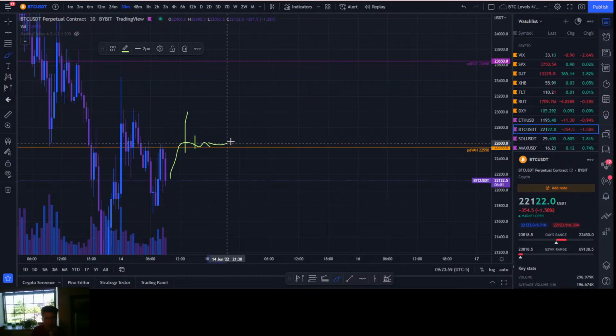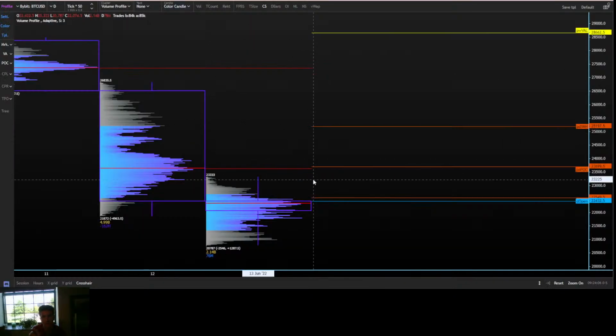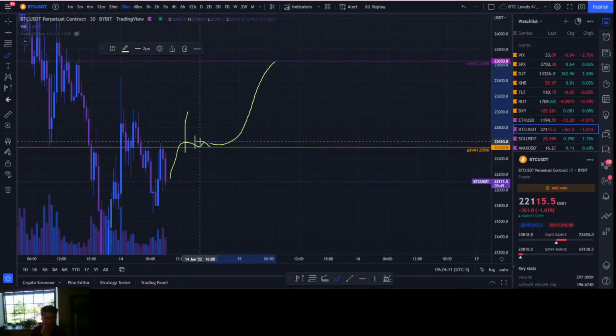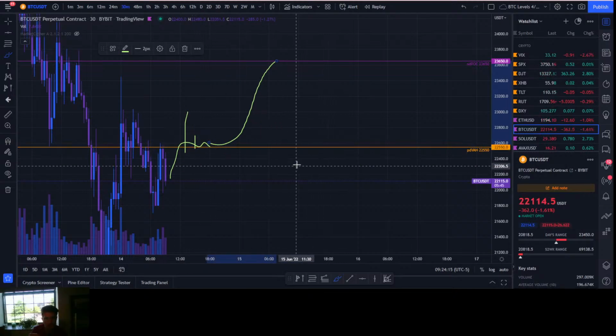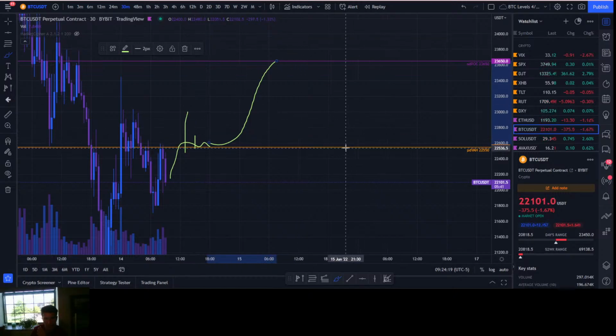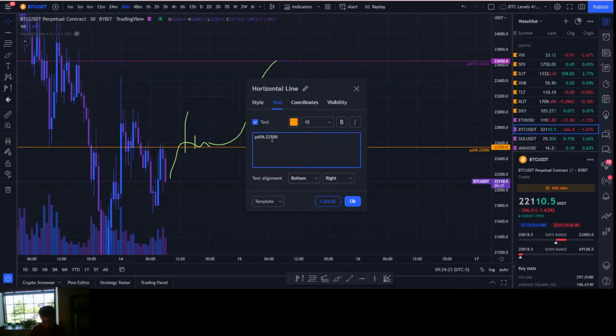And then there is a possibility that we will come up towards the previous day point of control. With this, again, 80% chance that we come up to 25,225 if we get two 30-minute candle closes above this previous day value area. My bad, I meant to put down the previous day value area low.